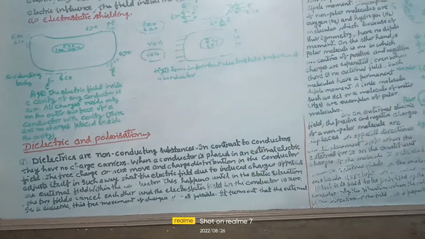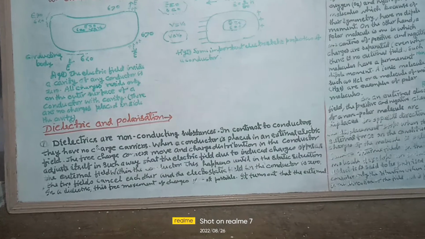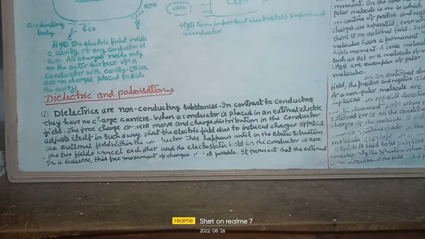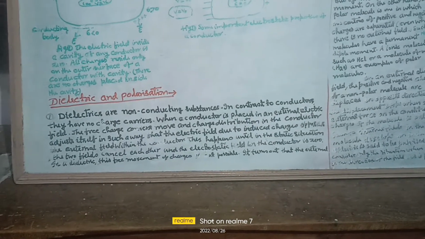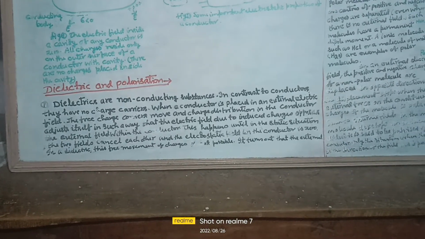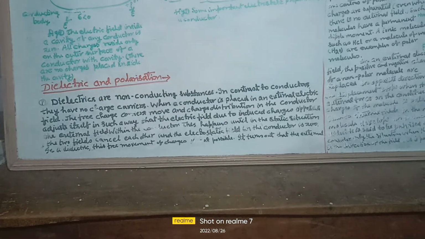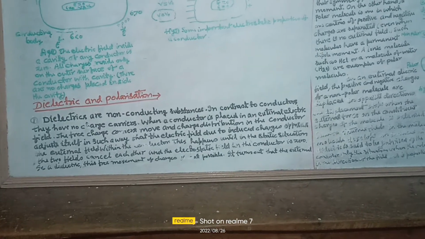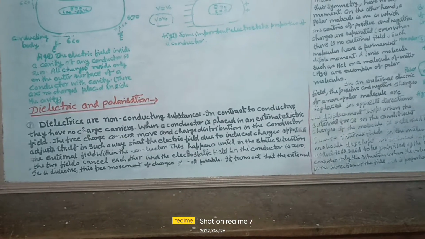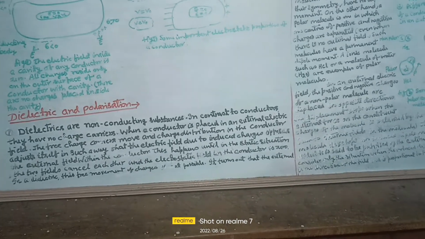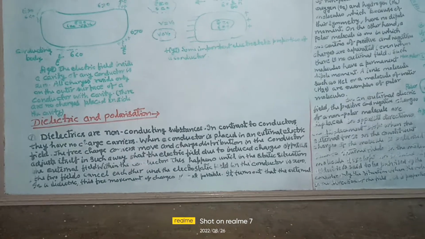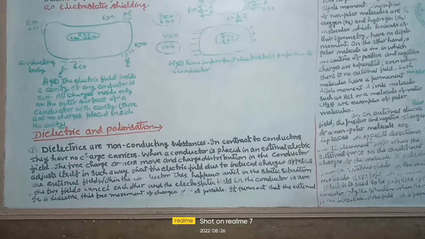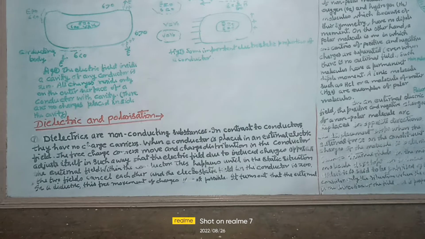When a conductor is placed in an external electric field, the free charge carriers move, and the charge distribution in the conductor adjusts itself in such a way that the electric field due to induced charges opposes the external field within the conductor.